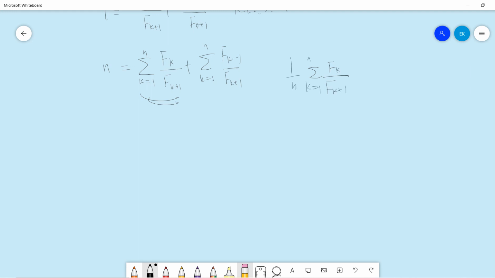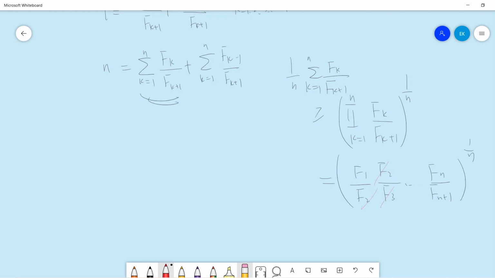And what is this? This term is just f1 divided by f2, f2 divided by f3, up to fn divided by f(n+1), all under the nth root.